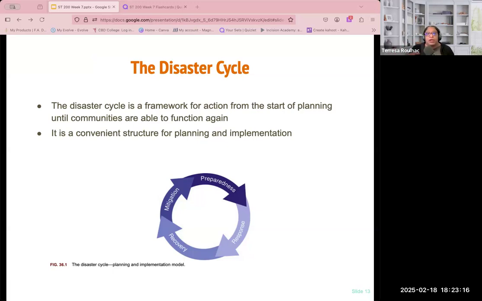Mitigation. Now we're trying to reduce the impact of potential disasters, like improving building safety or setting up emergency plans. This may involve for us just reviewing to ensure that our surgical area is equipped for emergencies.